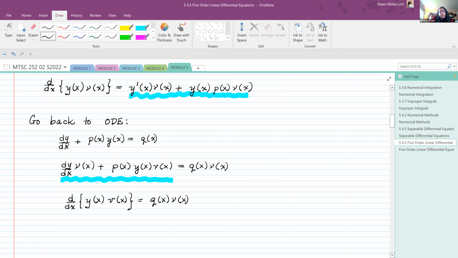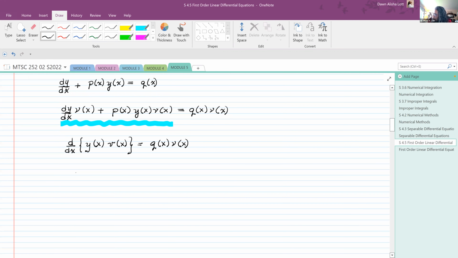So let's integrate both sides, and we get y of x times v of x is the integral of q of x times v of x dx plus a constant. So there we are.